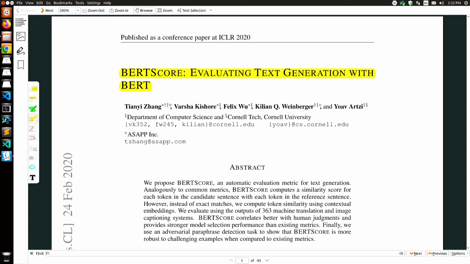BERTScore computes the similarity using contextual token embeddings, so it helps in detecting semantically correct paraphrased sentences, and it also captures cause and effect relationships that BLEU cannot detect.